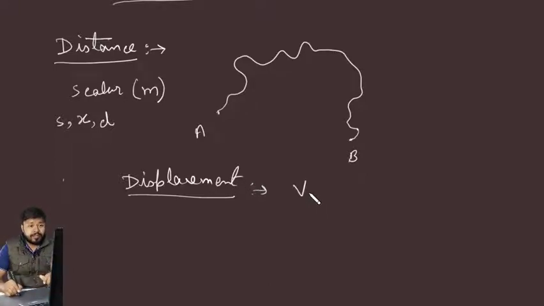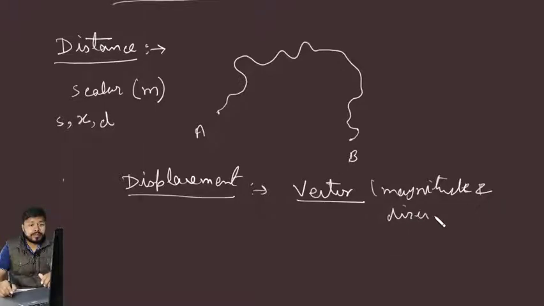This is a vector quantity, which means it has both magnitude and direction. Basically, displacement is the minimum distance between the initial position and the final position of a body.